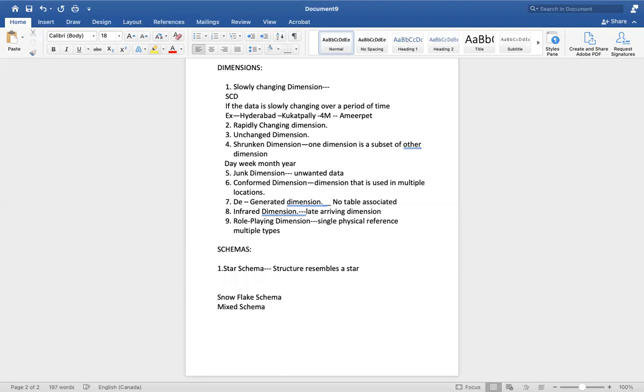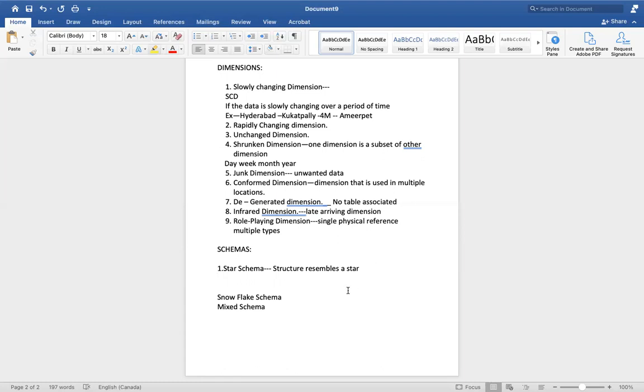The center of the star can have one fact table surrounded by multiple dimension tables. If the center has one fact table surrounded by multiple dimension tables, then it is called a star schema.